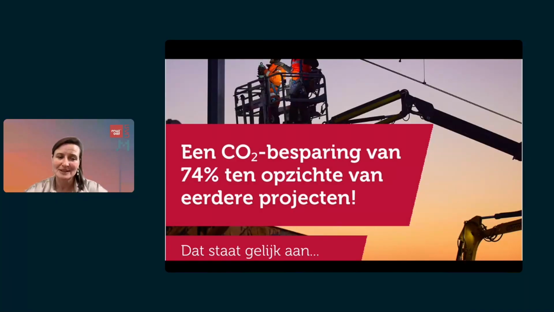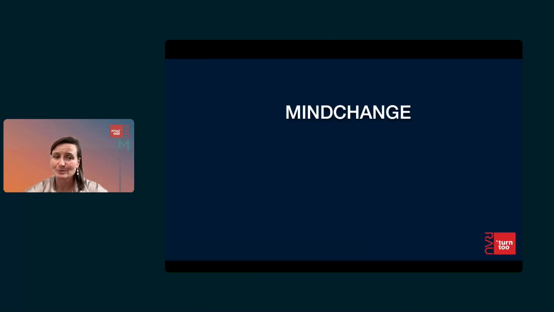In that case, we could reduce the carbon footprint of that project by 75% in comparison with our other projects. And I see that collaborating at an early stage, already from the design phase until the realization, brings so much more insight from all parties to how to achieve circularity, how to achieve better, greener projects. So I think that is a very, very important one.